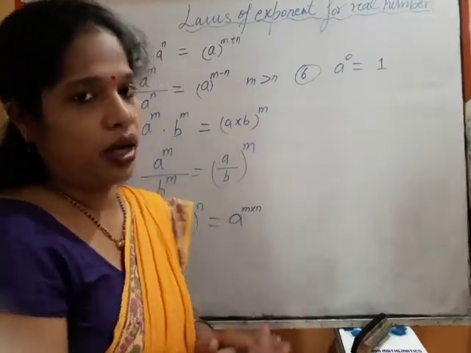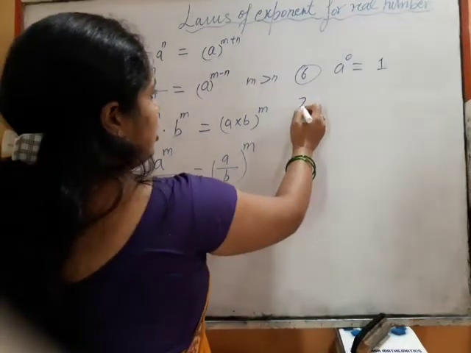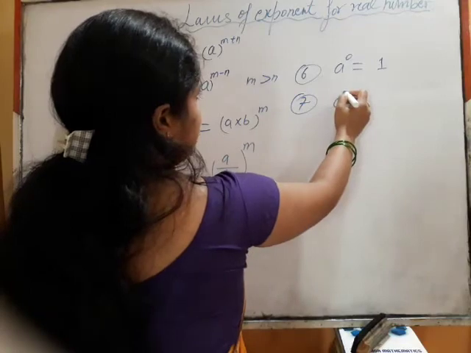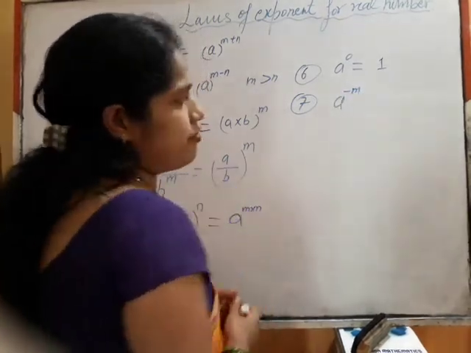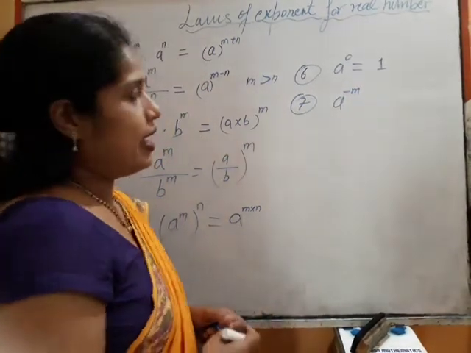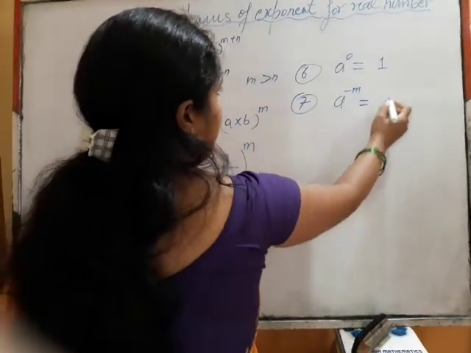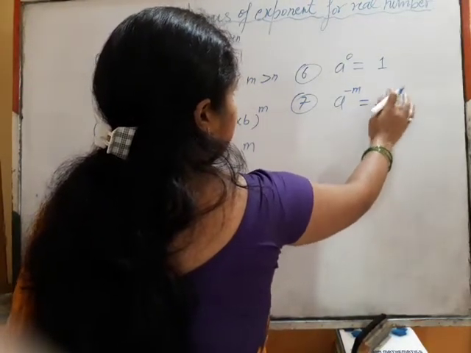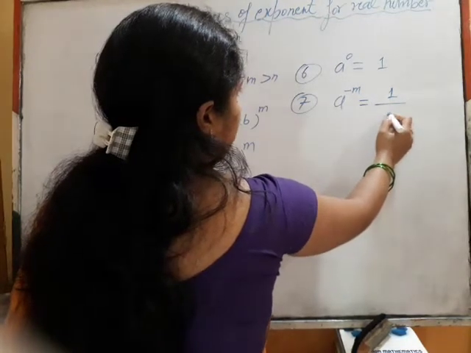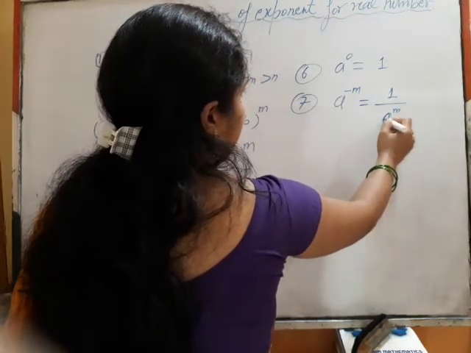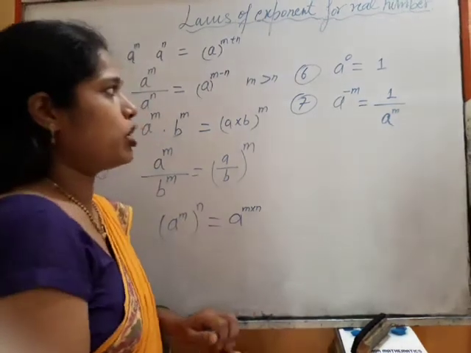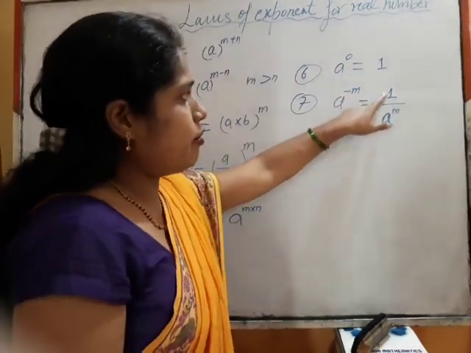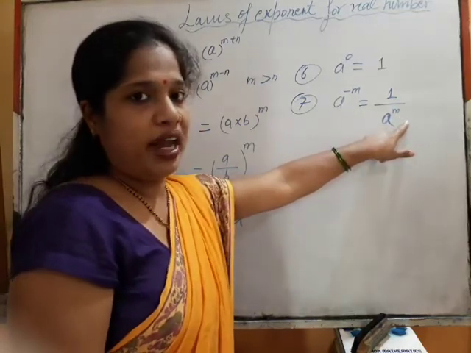Nothing but 1. Now the next one, when the exponent is in negative form, its value will be the reciprocal of it with positive exponent. a raised to the power minus m is 1 upon a raised to the power m.